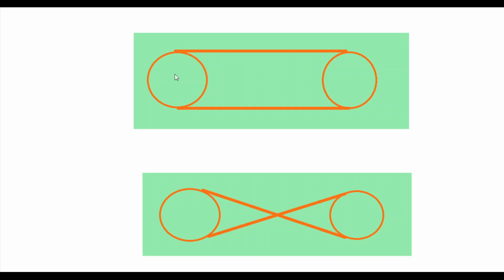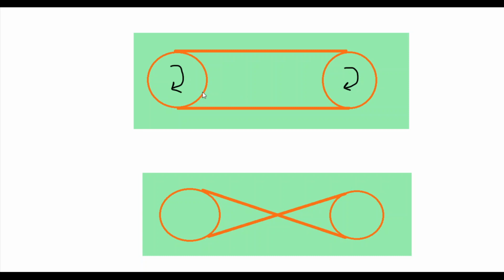So let's say this is pulley one and we have a clockwise rotation. If we come back over here, since they're connected directly with a belt, the same rotation is going to take place over here.